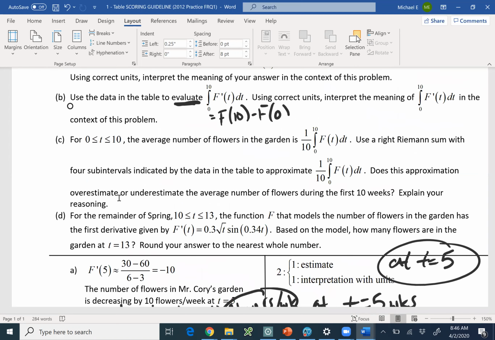So then, since I know that this is 75, or really negative 75, I'll use that in my interpretation. If they ask me to interpret it first, then I'll usually do a more general one. But if you had this, you'll still get the point. That was the correct interpretation.